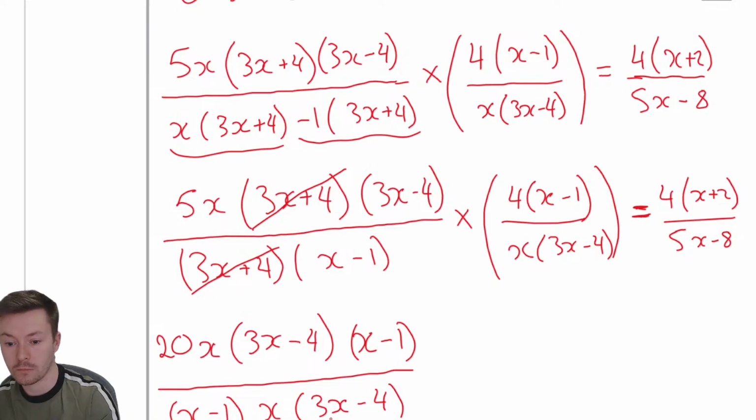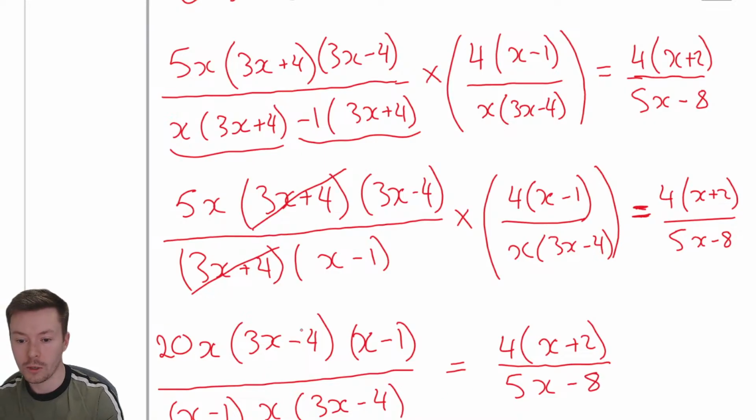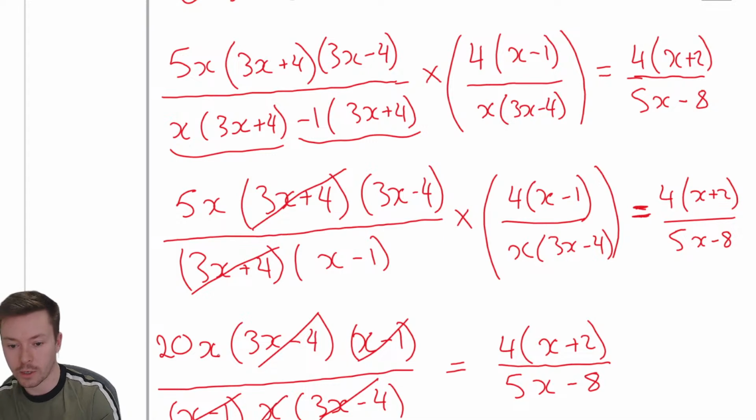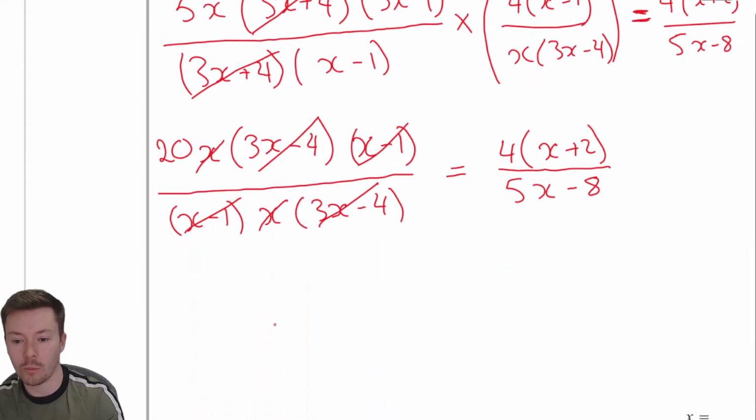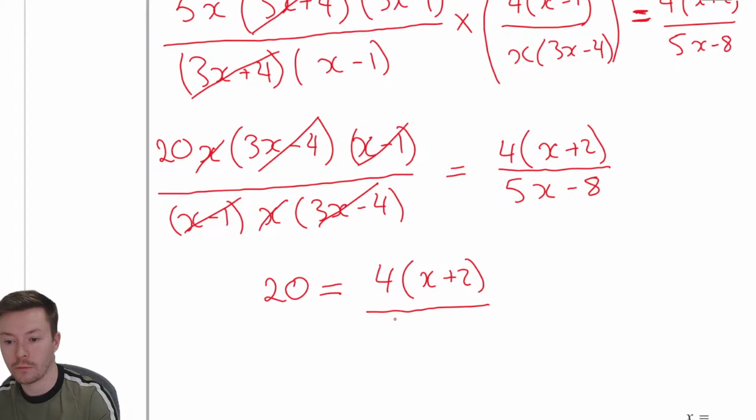At this point, everything is pretty much going to cancel. 3x minus 4 is going to cancel. That will cancel with this. This will cancel with this. X will cancel with X. And so what we end up with is 20 is equal to 4 brackets x plus 2 over 5x minus 8.